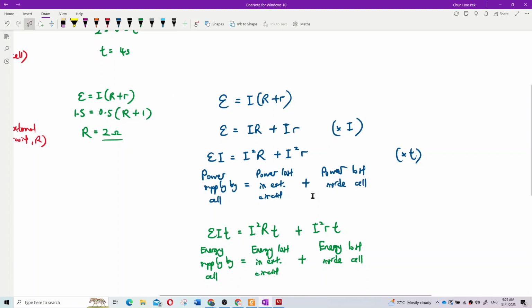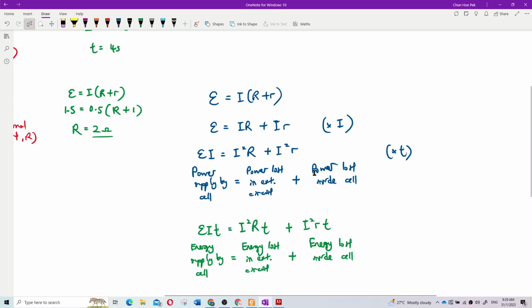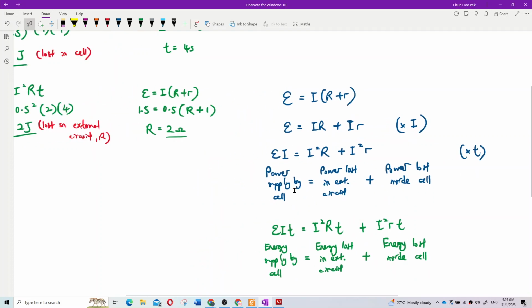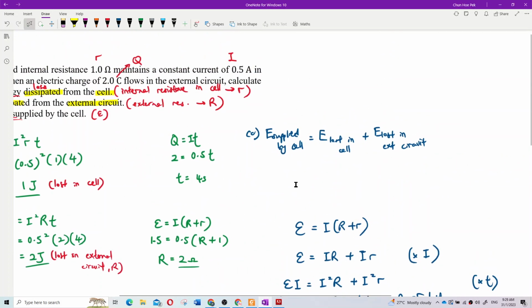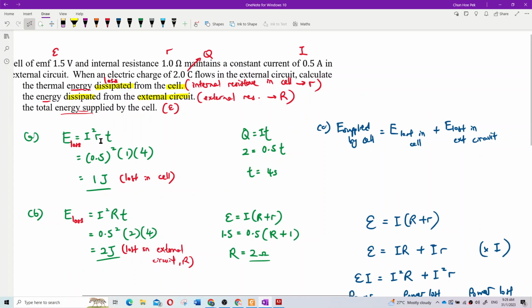This one is power. Actually this formula comes from the general formula that you learn in SPM, E equals IR plus Ir. So what I'm trying to say is, just now the energy loss in the internal resistance is 1 joule.